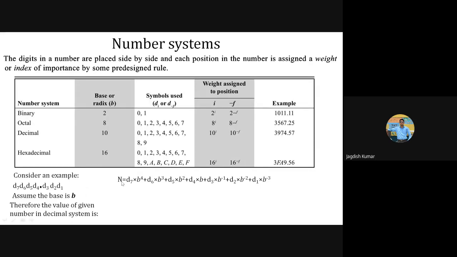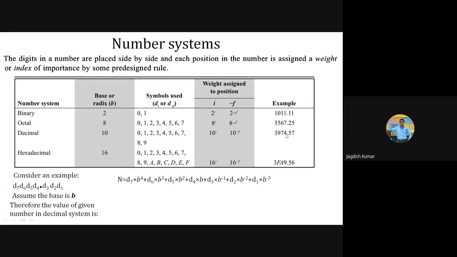Fine. So how we can write down the number? This number, if the base is b, then the value of this number will be d7 into b raised to the power 4, d6 into b raised to the power 3, and so on. Let us take it for the case of this decimal number system. Say 3974.57, right?